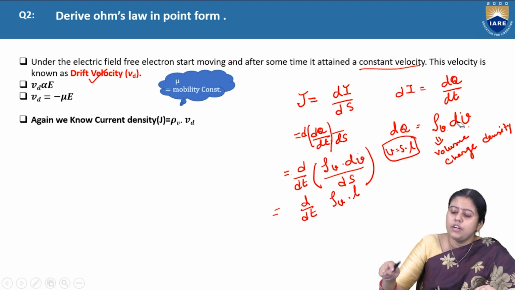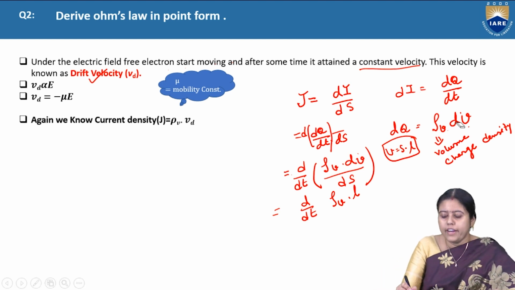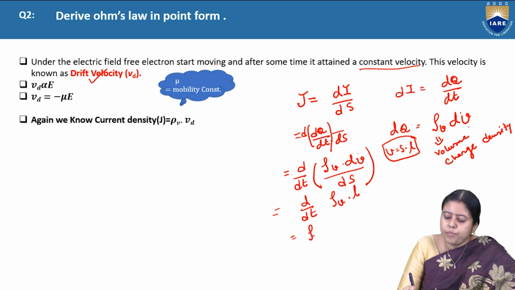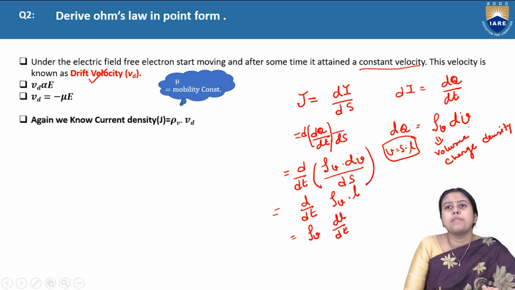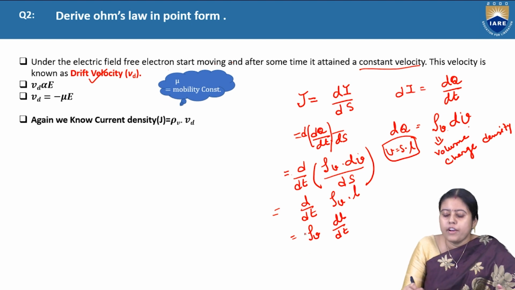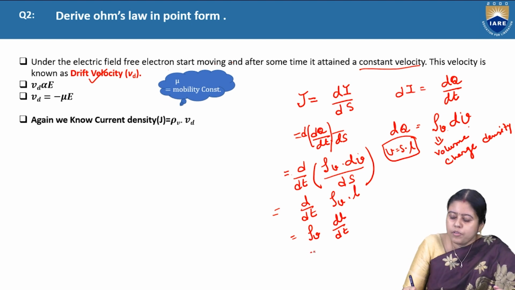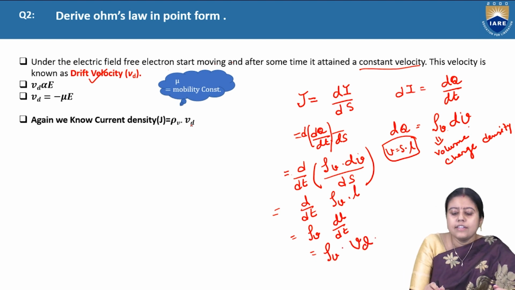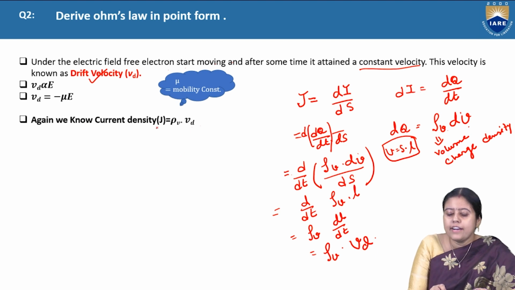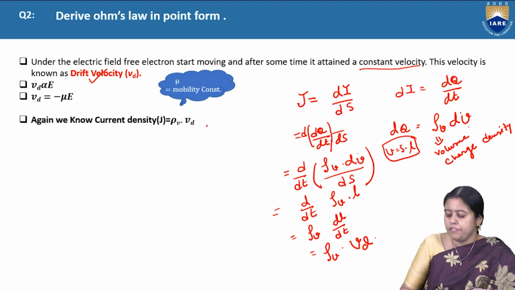Rho v is a constant term, so we have dl by dt. Dl by dt, the rate of change of length, is nothing but the velocity. So from here we can write rho v into Vd, the drift velocity, and we get current density J equal to rho v into Vd.